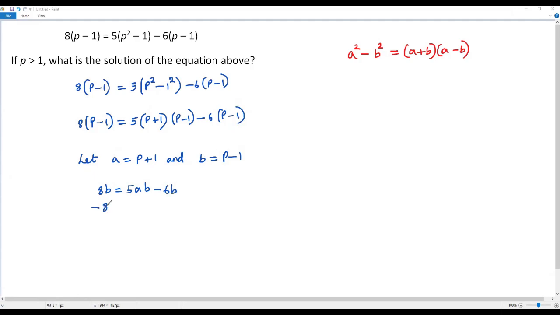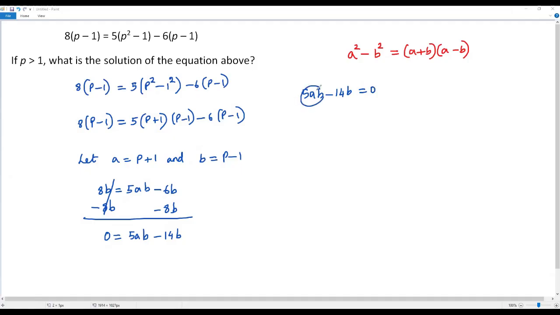Now let me subtract 8b from both sides of this equation. Then the positive 8b and negative 8b will cancel out on the left side, and I'm getting 0. On the right, combining negative 6b and negative 8b, I'm getting negative 14b. The same equation can be written as 5ab − 14b = 0.